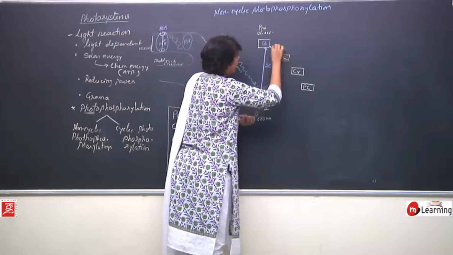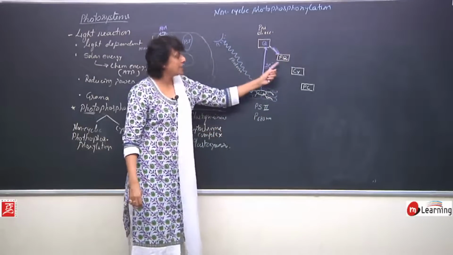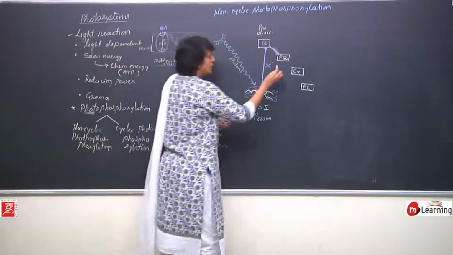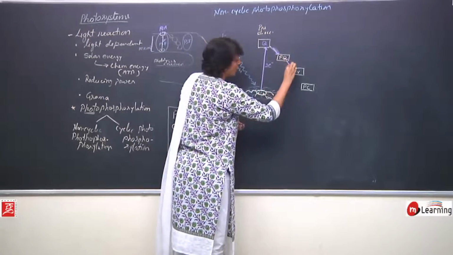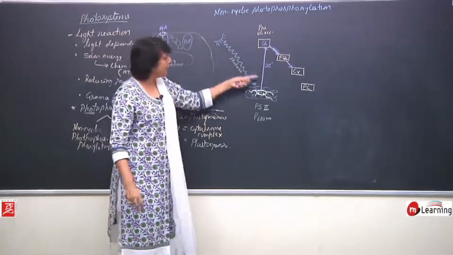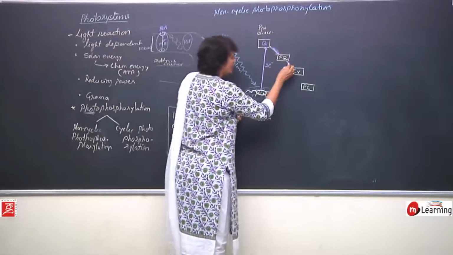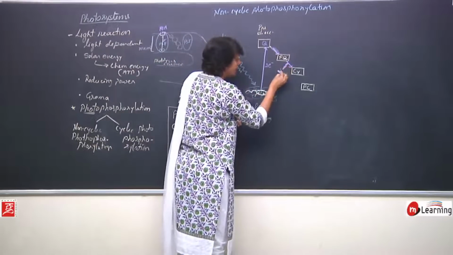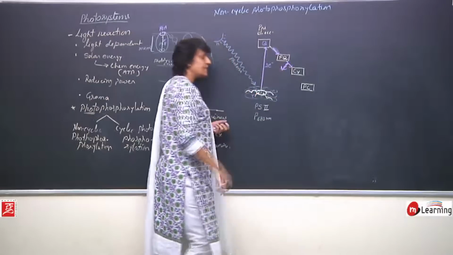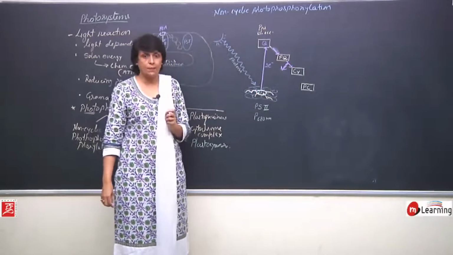Now, what happens? Let us draw it in the same color. These electrons are now traveling from the primary electron acceptor to plastoquinone, the next electron acceptor. When they move from plastoquinone to cytochrome, some energy, that extra energy which they got, is released. This energy will be used to synthesize ATP.